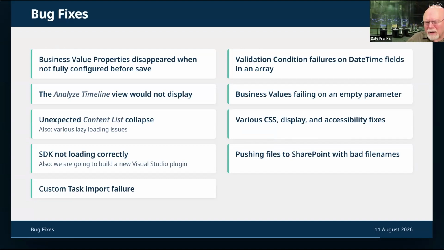The content list is still a little bit of a problem here and there for systems that have very large content lists. If you don't have a very large content list, you probably aren't seeing any of these behaviors, but the content list would just collapse unexpectedly.